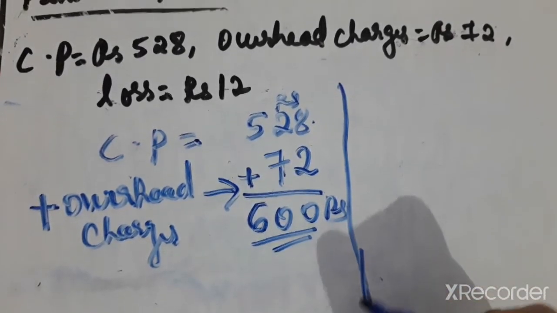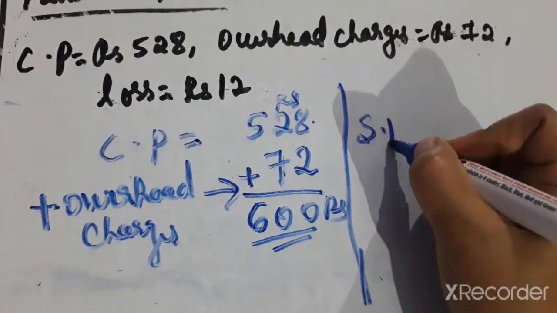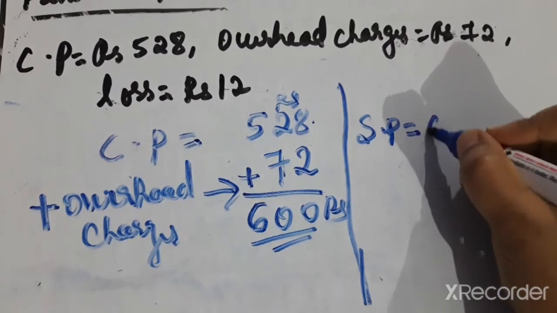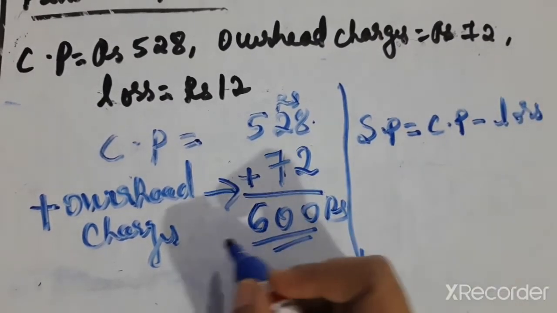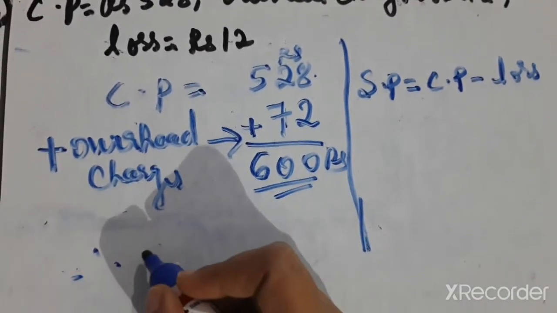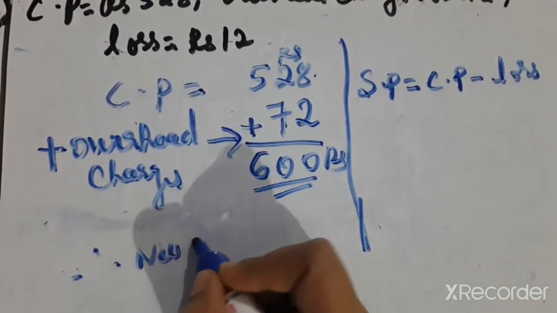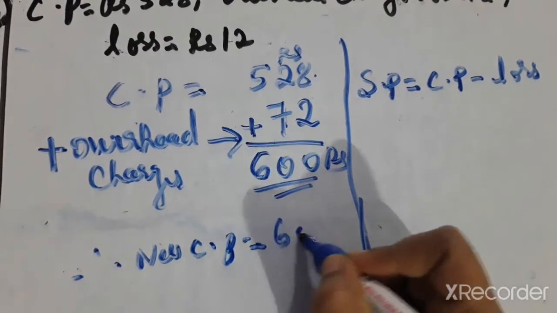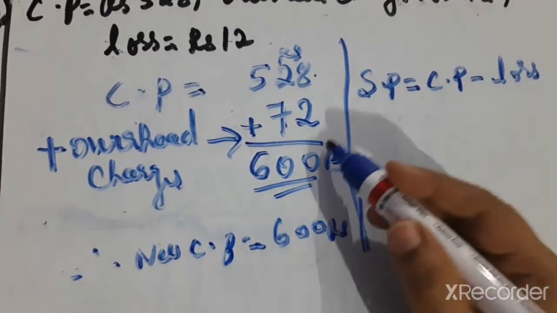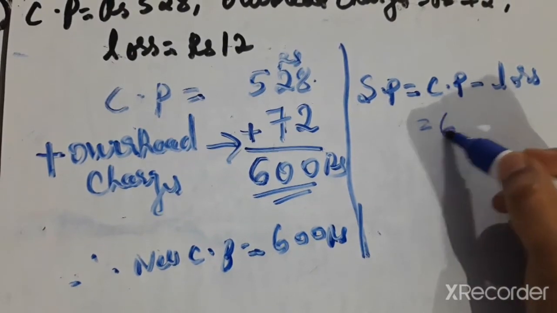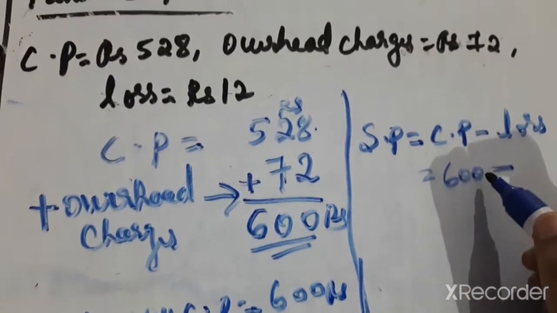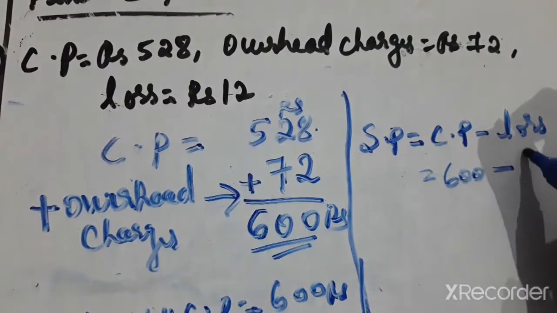Now we have to find selling price. Selling price equals, the formula is cost price minus loss. What is the new cost price? Therefore, new cost price is 600 rupees. Okay, this is the new cost price. Selling price equals cost price, that is 600, minus loss is 12. It is given in the question.